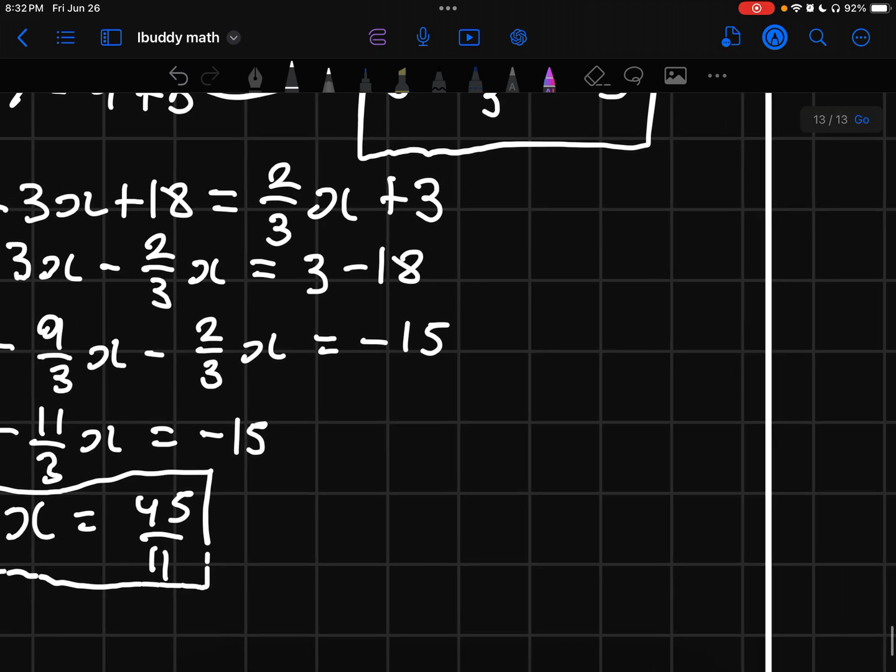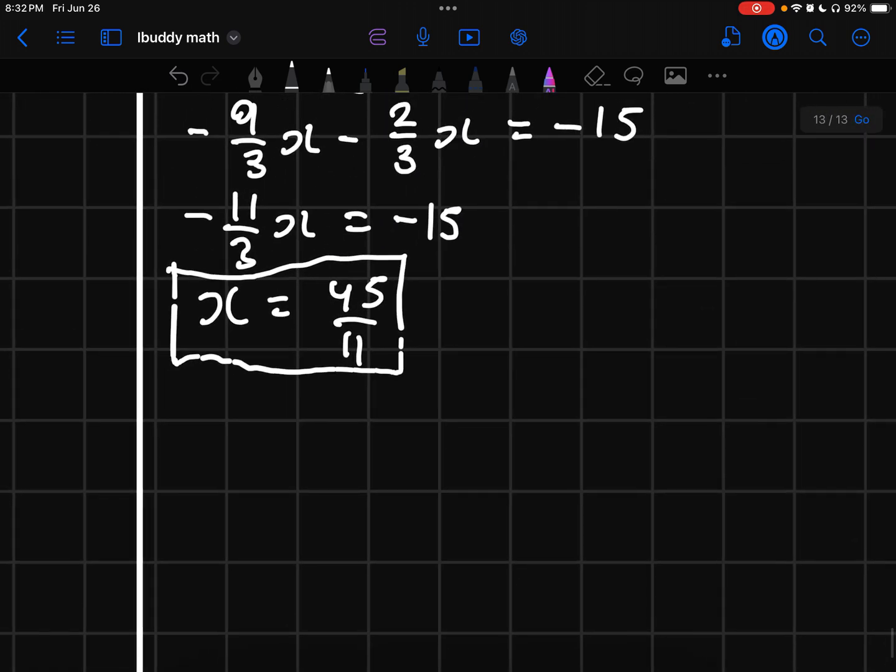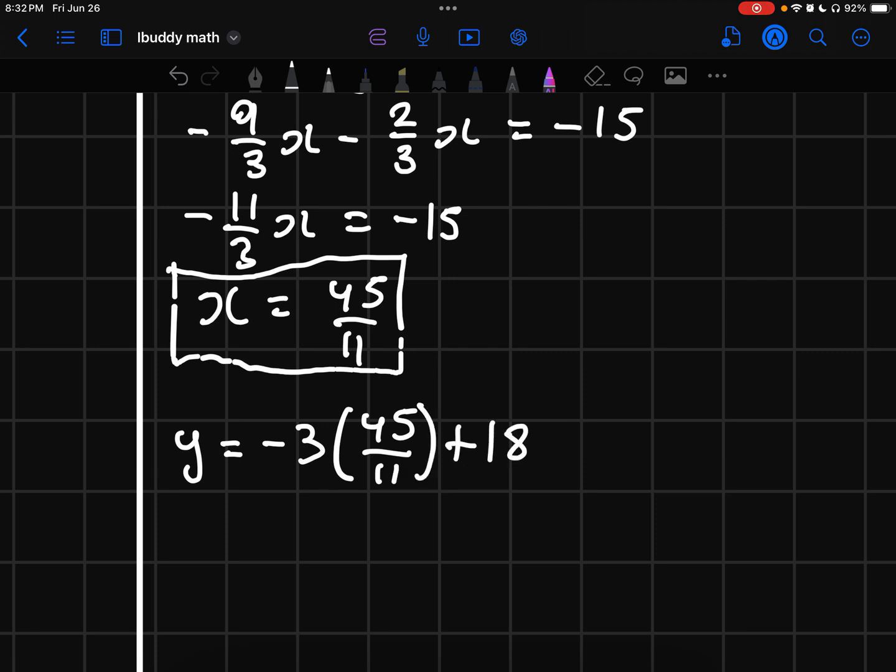So then we have to plug this back into the equation. So y is equal to negative 345 over 11 plus 18. And y is equal to 63/11.